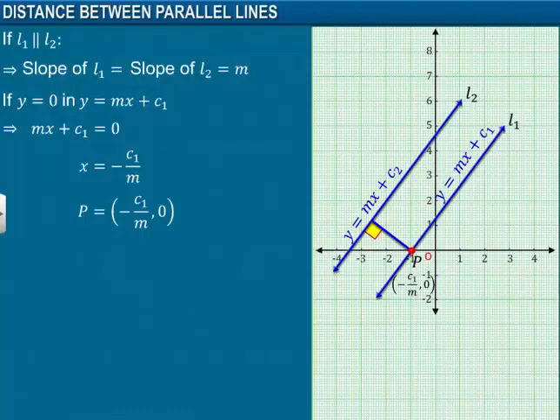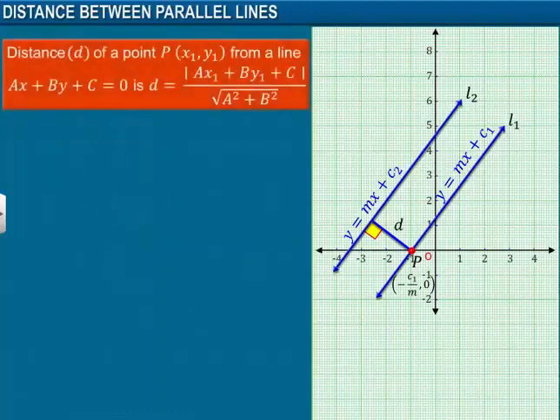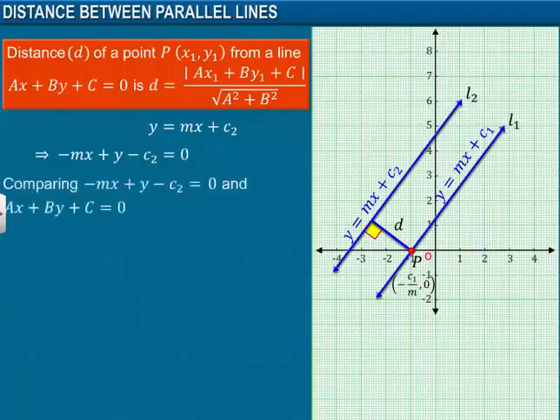Recall the formula for the distance of a point from a line. The equation of line L2 in general form is -mx + y - c2 = 0. Comparing the rearranged equation of line L2 with the general equation of a line, we get the values of a, b and c as -m, 1 and -c2 respectively.